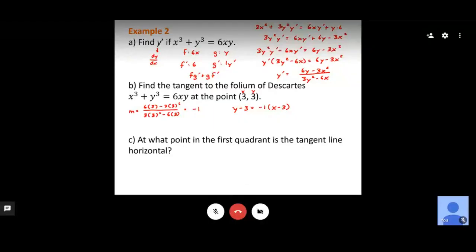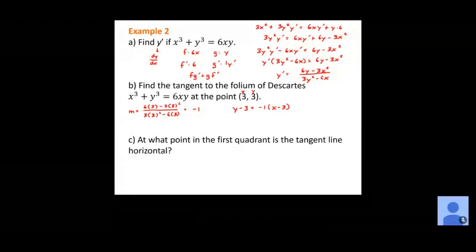All right, so let's go back and take a look at C now. So now we want to know at what point in the first quadrant would our tangent line be horizontal?